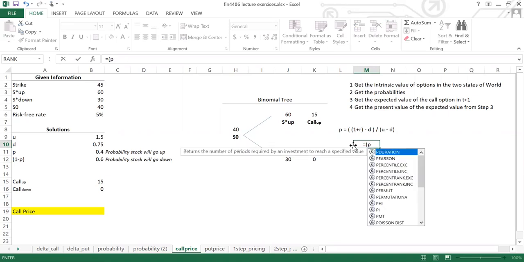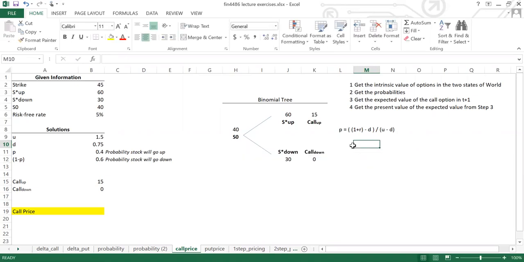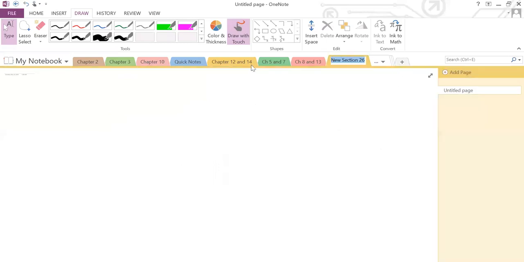So P, I'm going to write this in this whiteboard because I think it's going to be a little bit better. So the call option price today will be equal to probability of stock price moving up.